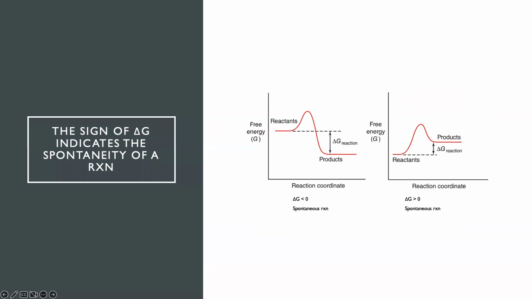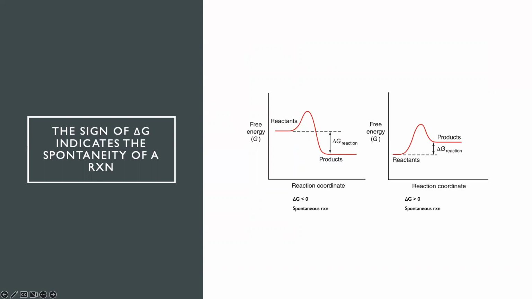All right, so the sign of delta G just tells us the direction of the reaction, or the spontaneity of a reaction, but not the rate. So delta G is equal to the free energy of the products minus the energy of the reactants. And delta G does not consider the activation energy.